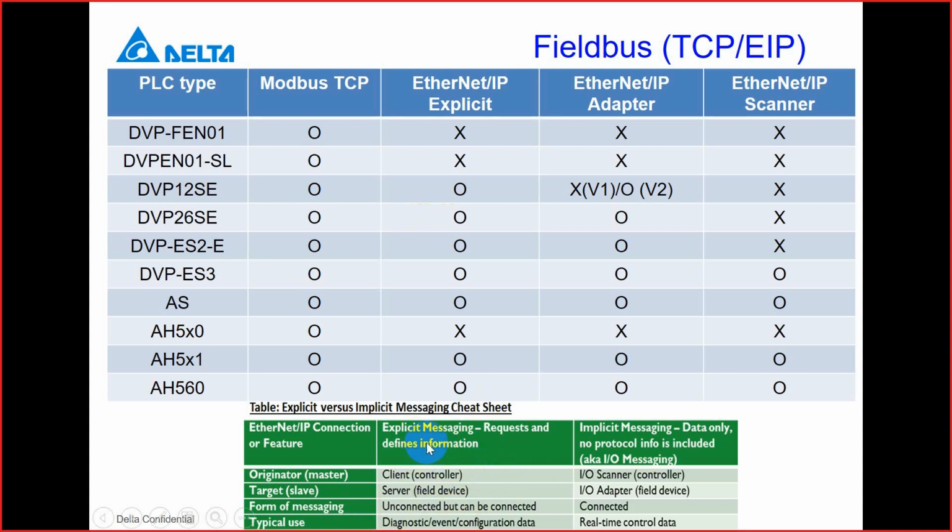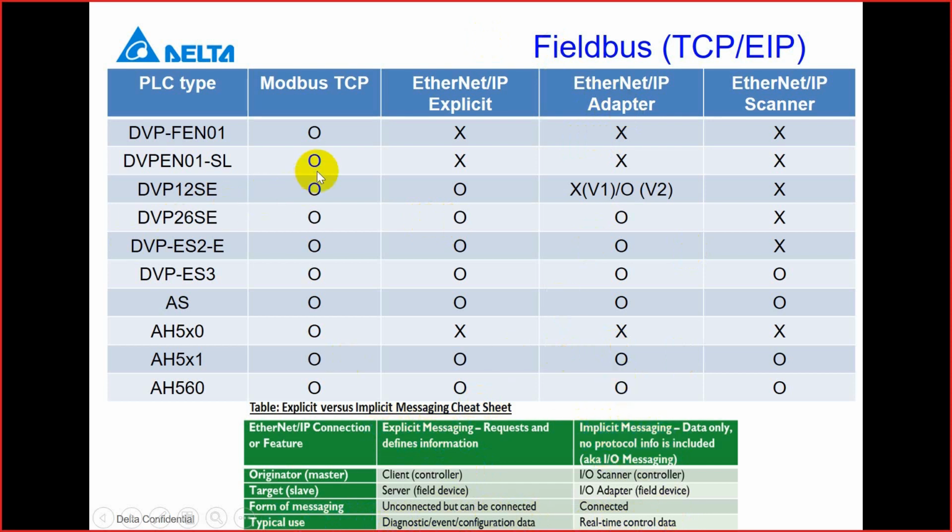So the explicit speed would normally be much lower. You can see the typical use here would be diagnostic events. But if you want to get real-time data, then we use the implicit.